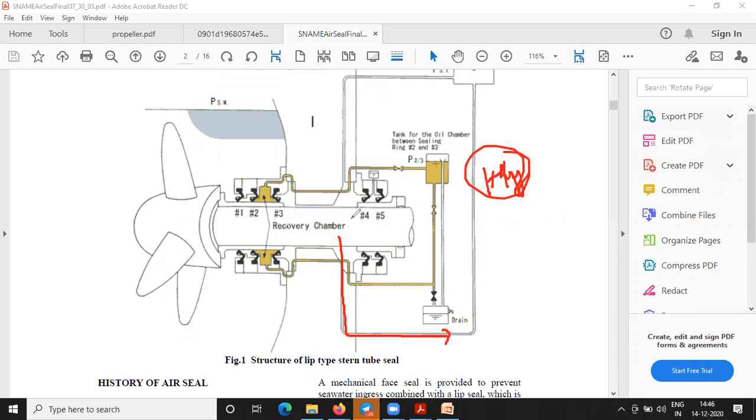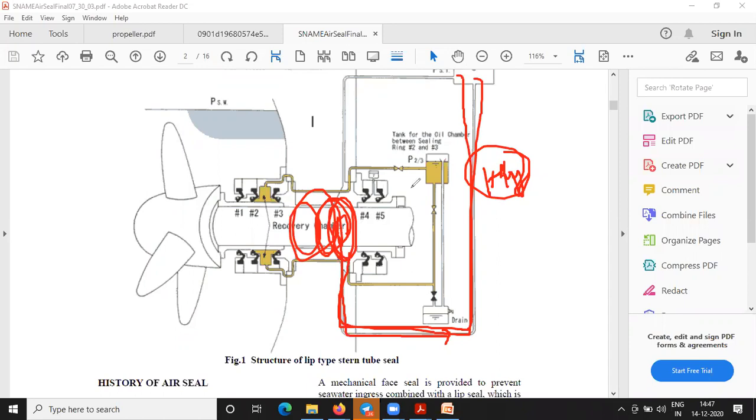That's why the oil is able to hold the shaft in place, not touching the stern tube on either side. That means the pressure in the oil is enough to circulate. Whenever the shaft rotates, the hydrodynamic pressure is enough to pump this oil back to the gravity tank.